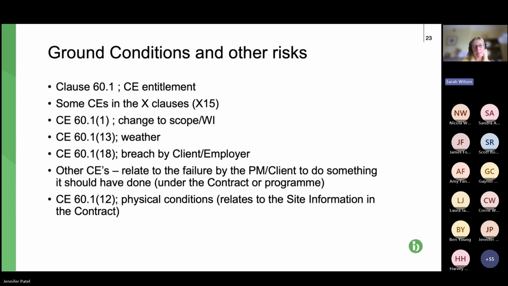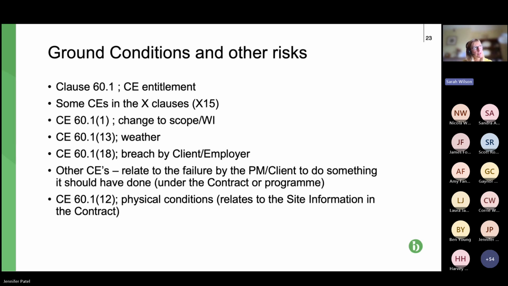So it's clause 60.1(1), and it's a change in the scope, a change to the works information. There are others. There's one for weather. Don't get too excited because ultimately, it's got to be really, really bad weather usually. Also, one that's not very often used is the next bullet point, 60.1(18), which is a breach of contract by the client or employer.